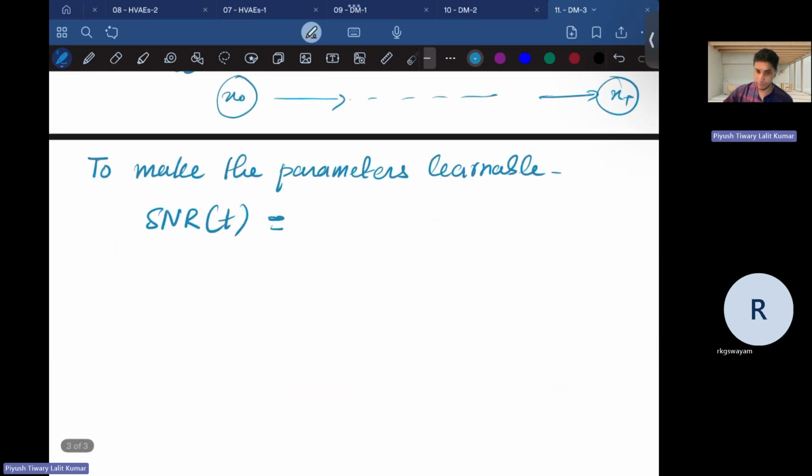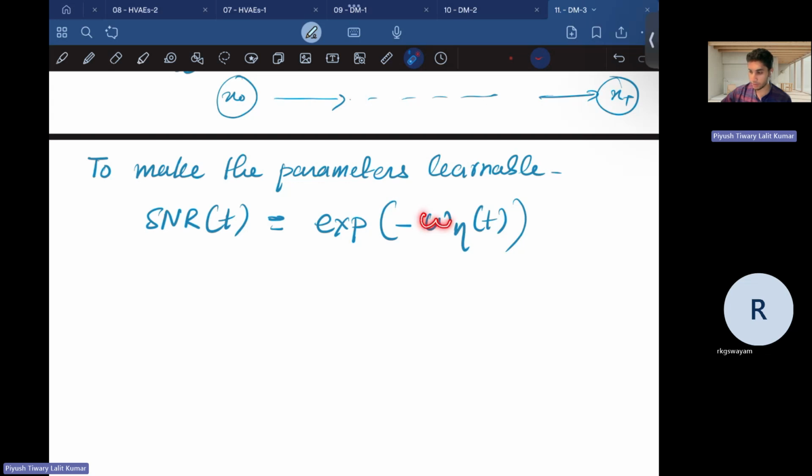So you take an exponential, because an exponential can never be negative. You take the exponential of minus omega eta of t. This is your new parameterization. Eta is your parameter, and omega eta is your neural network.